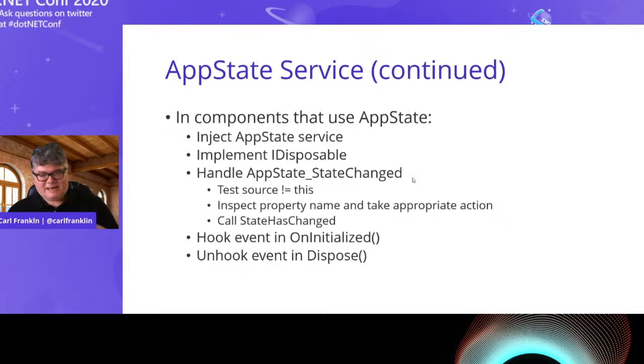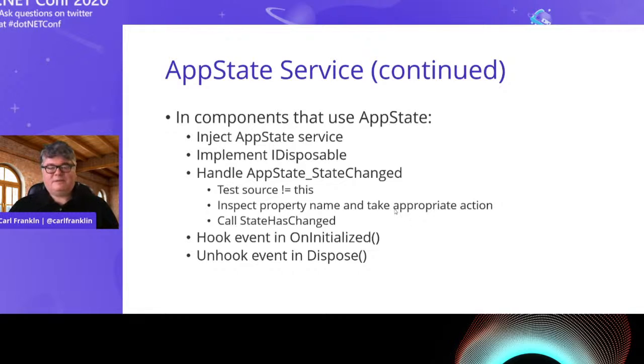This is my component. And the reason I do this is so that I can check to see if it's not me before I act on it, because I'm handling it and yet I may be raising the event. But I want everybody else to get the event, not me. So I test that source to see if it's this, it's not this, and I inspect the property name, take appropriate action.